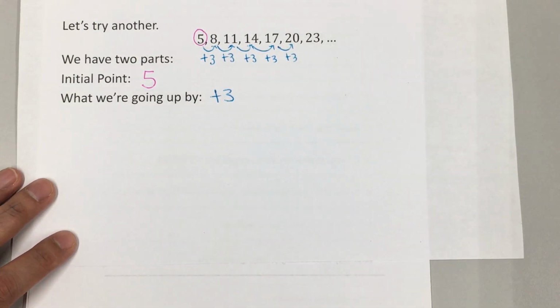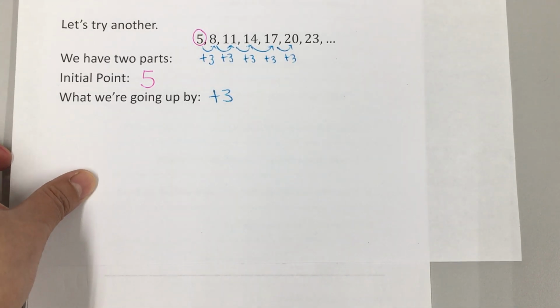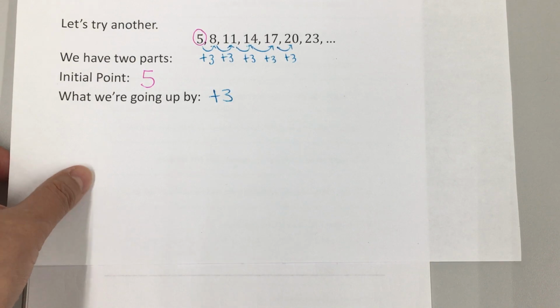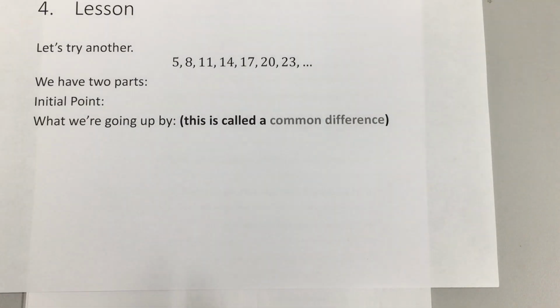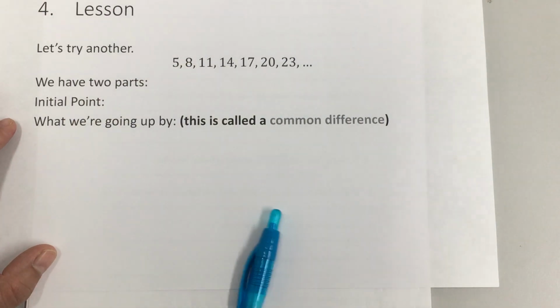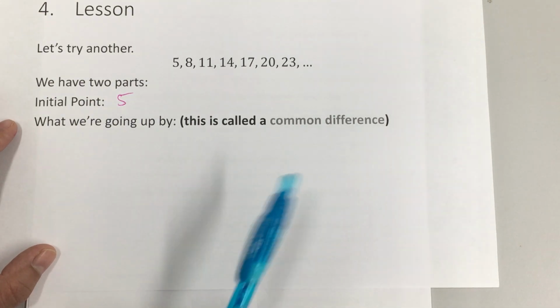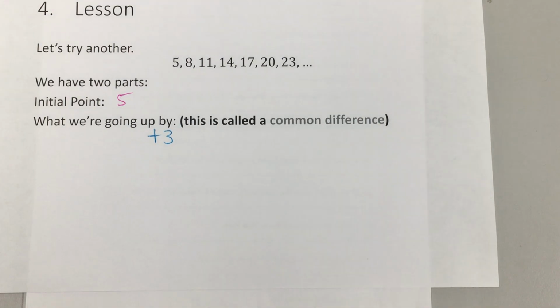This is called a common difference. Let me write that in here. The pattern is also called a common difference. So let me write the initial point. We said it was 5, and the common difference is adding 3. So for my function, you will see how easy it is.